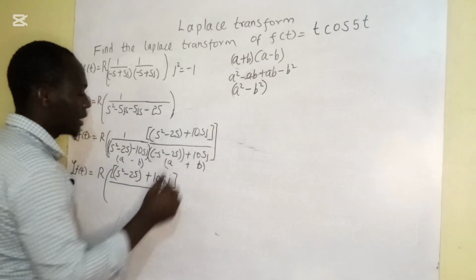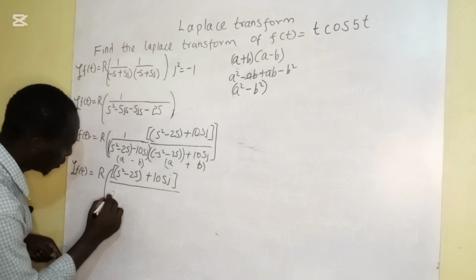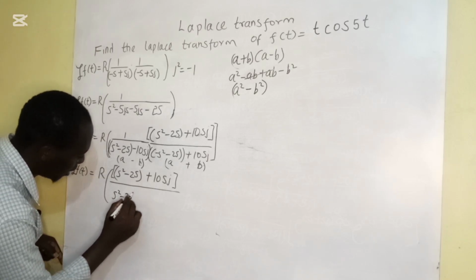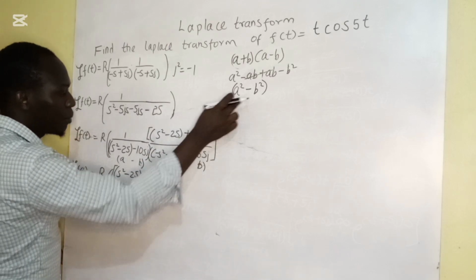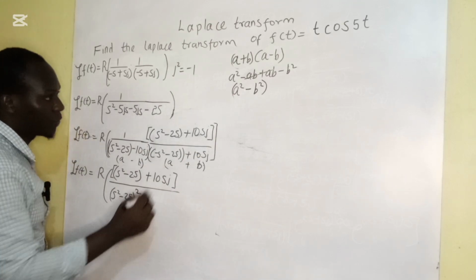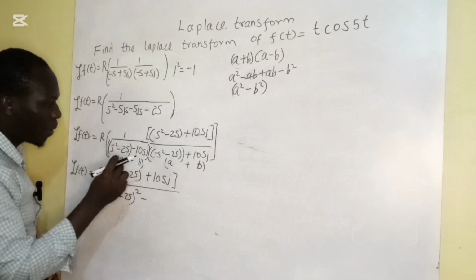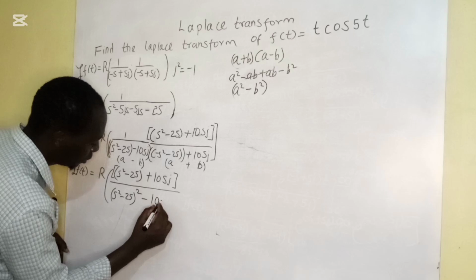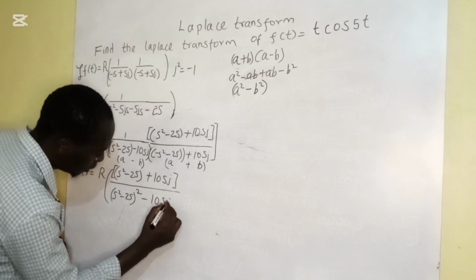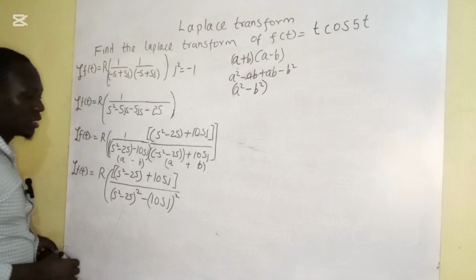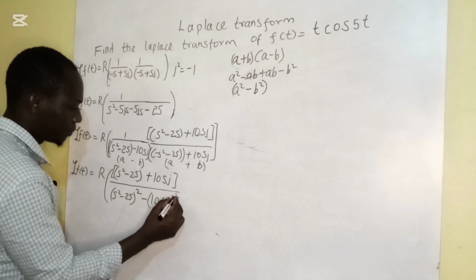To mean our answer was equals to s squared, we subtract from 25. This one is our term of a. Everything is going to be squared, we subtract from b. Our b squared, we are going to have 10sj. Everything squared, because that is our b.